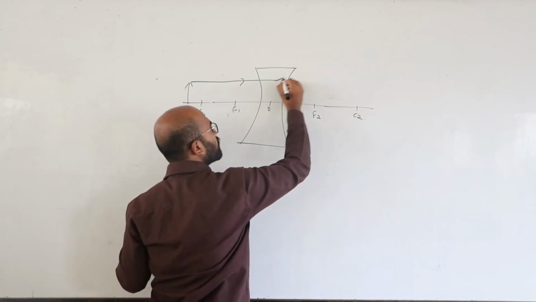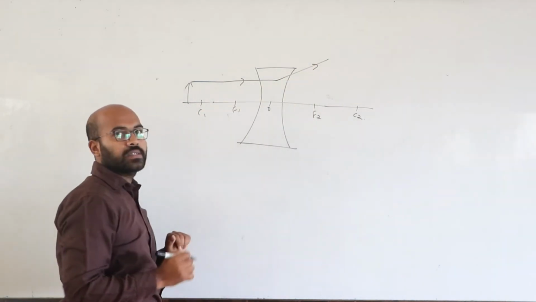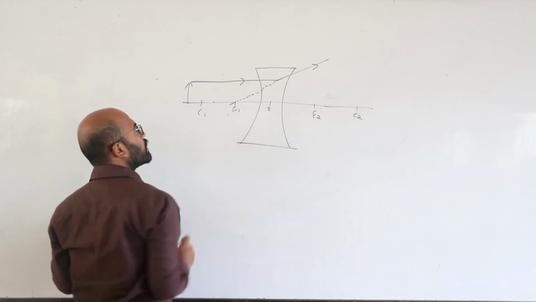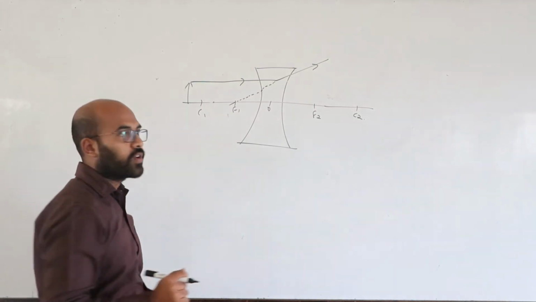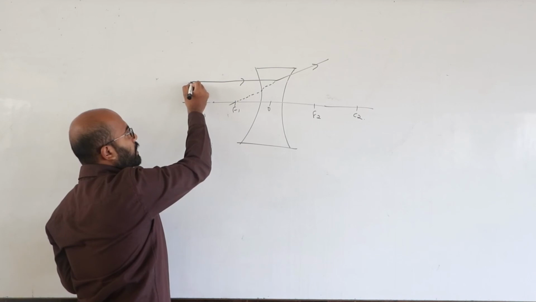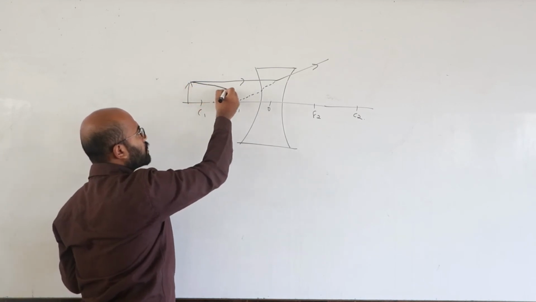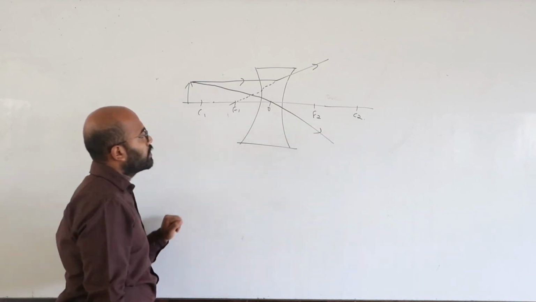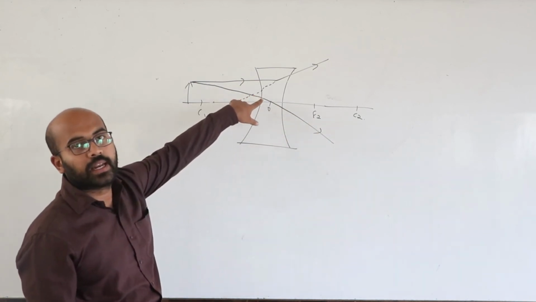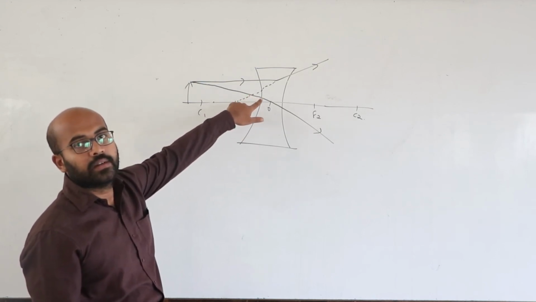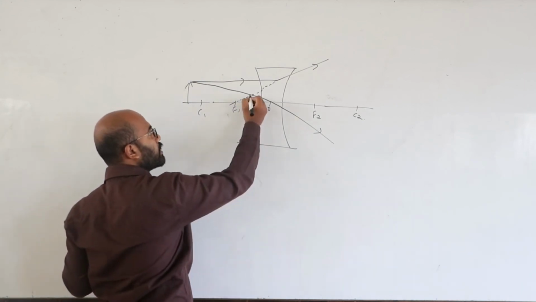After refraction, the light ray diverges. When I extend this diverged light ray, it passes through the principal focus. Next, take the light ray passing through the optic center. It goes in the same straight line. So where are these two light rays meeting? They are meeting here. This is the point where the image is getting formed.